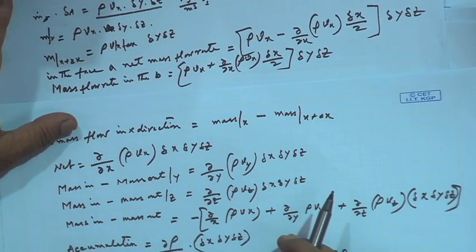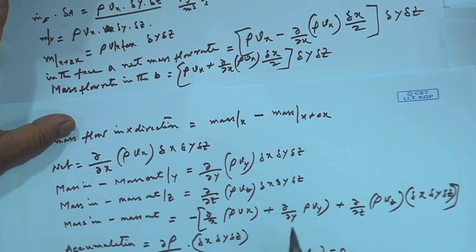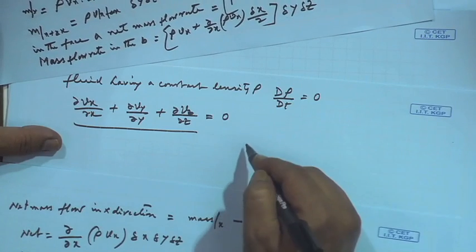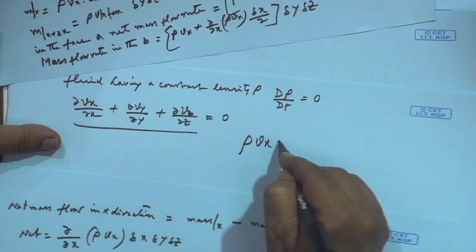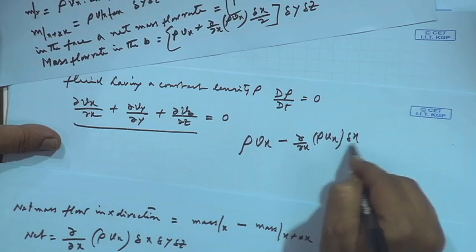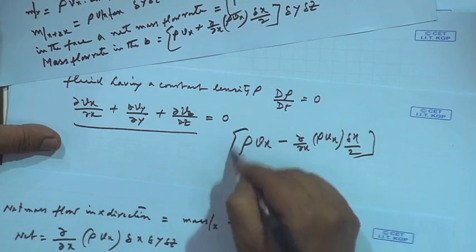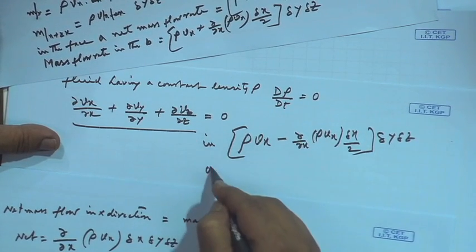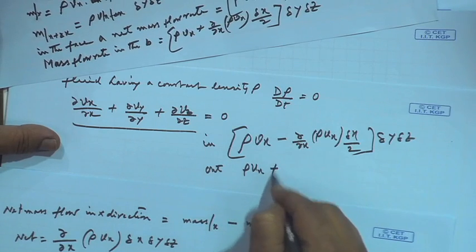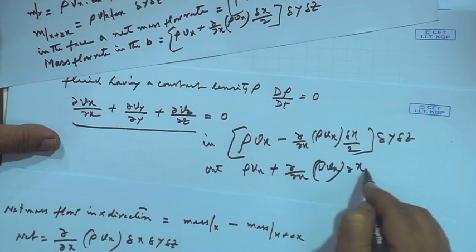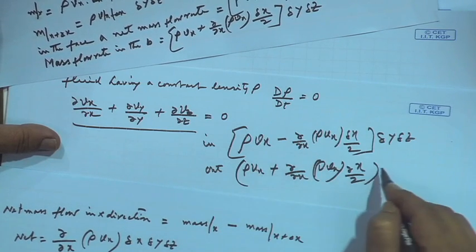Hopefully by this time you have seen that suddenly this negative has come. How has the negative come? If you write it clearly, then you see mass in was rho Vx minus del x of rho Vx del x by 2, right, into the area, which was del y del z, right. This was in, and out was rho Vx plus del x of rho Vx into del x by 2 into del y del z, right.